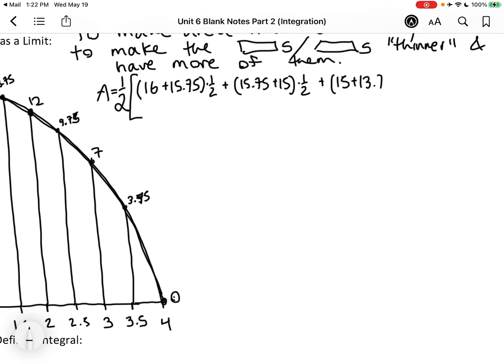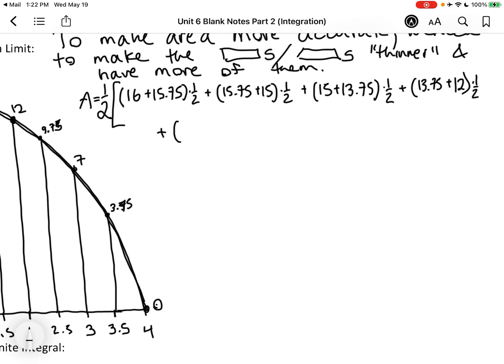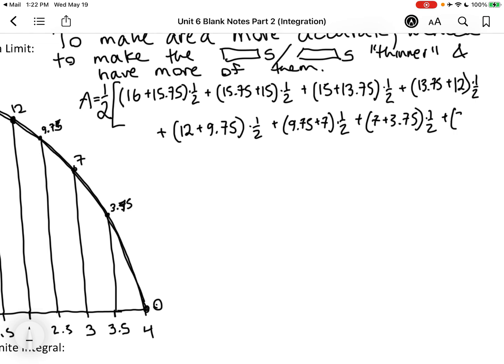And then the next one is 13.75 plus 12 times a half. Then I think I'm going to have to go on the next line, plus 12 plus 9.75 times a half, plus 9.75 plus 7 times a half, plus 7 plus 3.75 times a half, plus 3.75 plus 0 times a half.